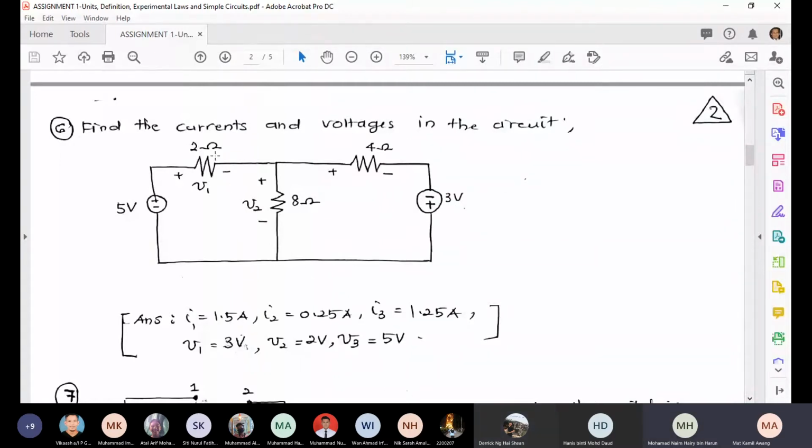Can you find the currents and voltages in the circuit?